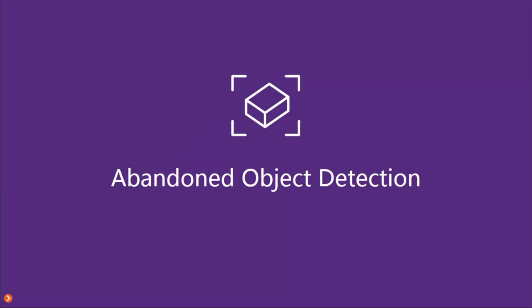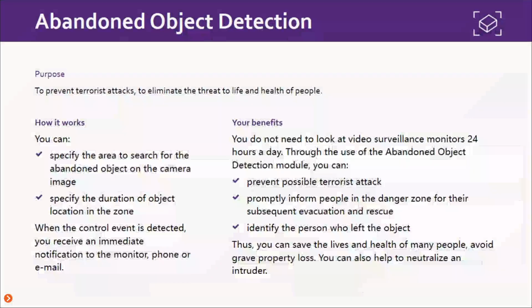Abandoned object detection would be useful to cover public areas where attacks of terrorism could be enacted. Our module allows you to work on a specific area, and if something is left unattended for more than a stipulated time, you will get a notification.